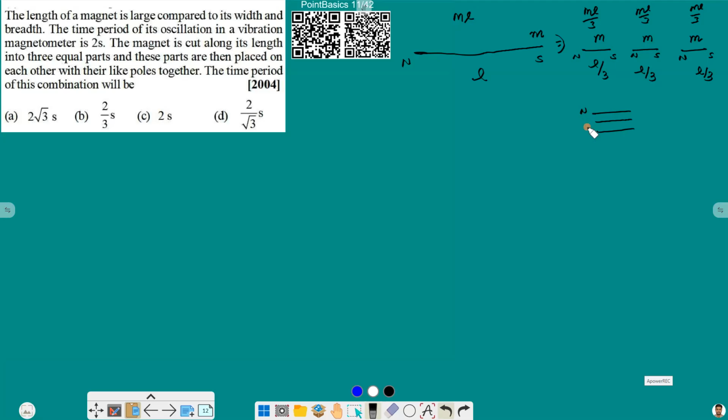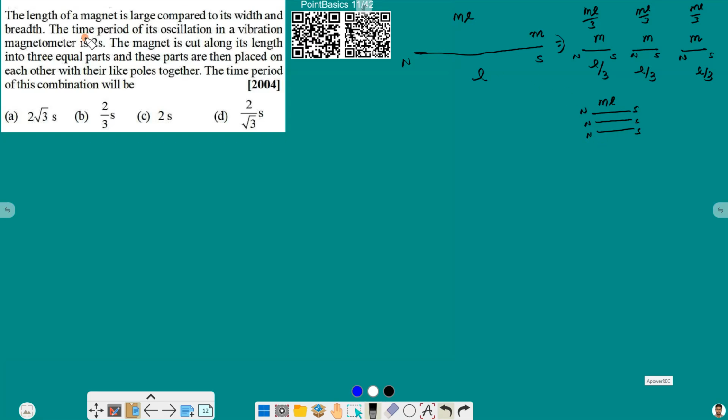Now all of the north poles are aligned, all of the south poles are aligned. So their magnetic moments will be added, and the total magnetic moment will be ML by 3 plus ML by 3 plus ML by 3. So again we get the magnetic moment ML. So from going to this configuration, the magnetic dipole moment has not changed.